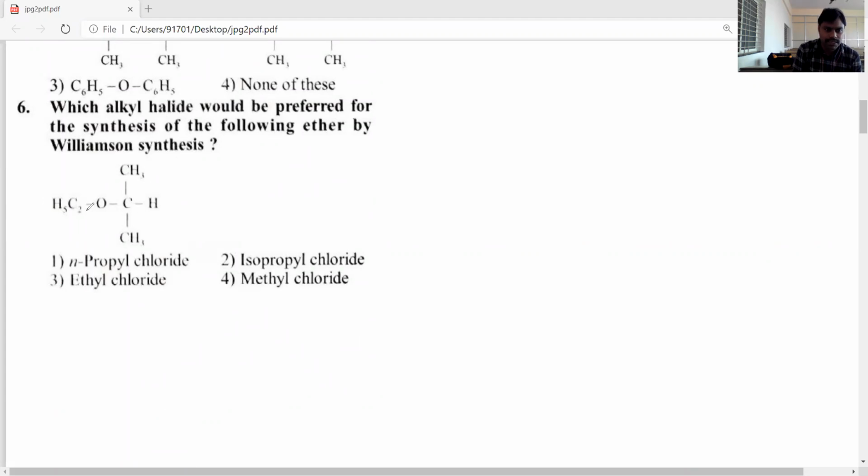See, this is the Williamson ether synthesis, C2H5 and CH3, this is an isopropyl group. So on cleavage, it produces CH3-CH2-X plus Na+ O- CH(CH3)CH3.